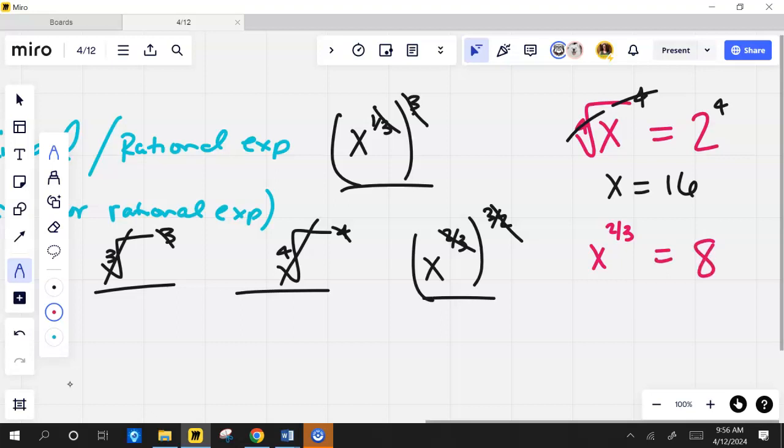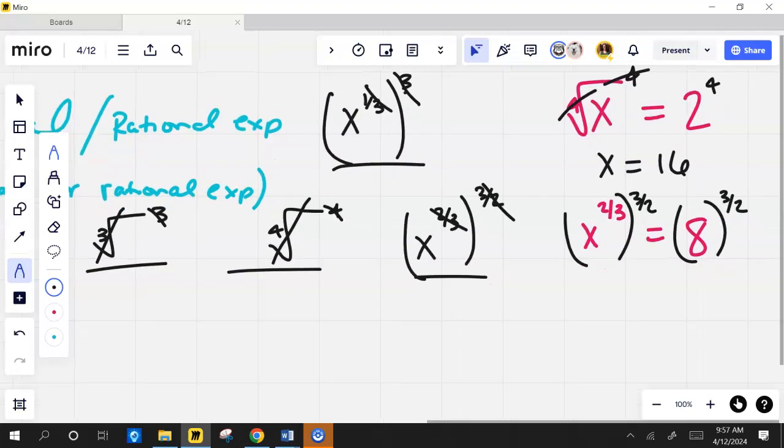Then in order to get rid of that exponent, what would I need to do? Keep going. 3/2, right? Does that make sense? And that cancels out. So this, and 8 does not have a perfect square. I could split it, but we won't get into all that right now. You could write it this way. You could simplify it some. But right now, I just want us to focus on the solving because this is where we got bogged down.